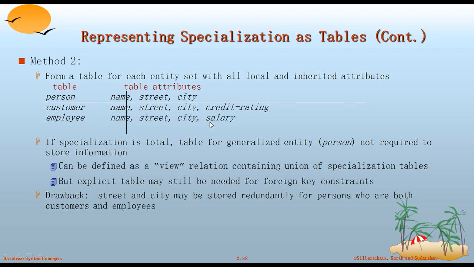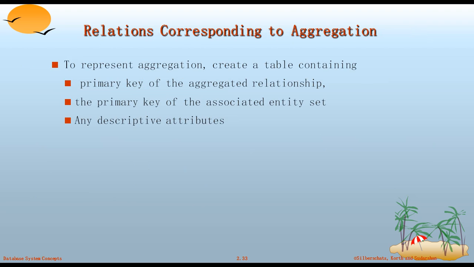If specialization is total, the table for the generalization entity person is not required to store information. It can be defined as a view relation containing the union of the specialization tables, but an explicit table may still be needed for foreign key constraints. The drawback is that street and city may be stored redundantly for persons who are both customers as well as employees.